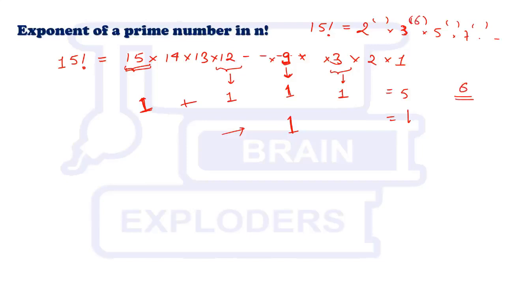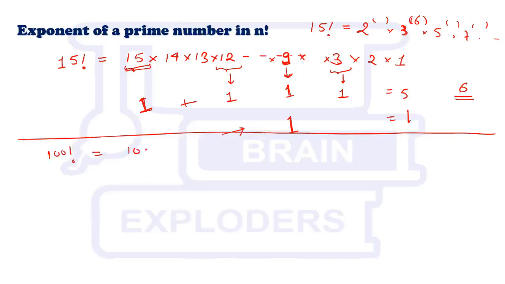Let's take a larger number to get the concept. Suppose we have 100 factorial. 100 factorial means 100 multiplied by 99 multiplied by 98 and so on up to 5 multiplied by 4 multiplied by 3 multiplied by 2 multiplied by 1, and we have to find the exponent of 3 in the prime factorization of 100 factorial.